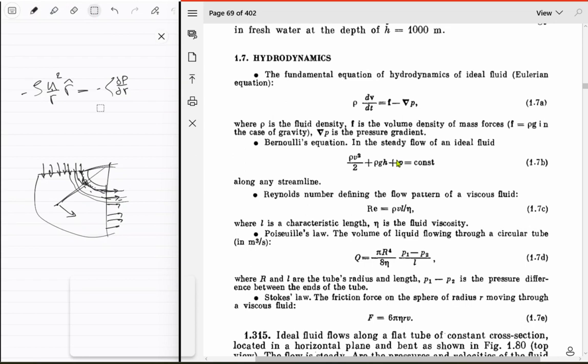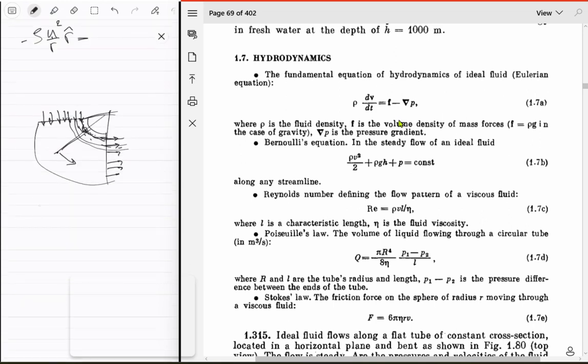Also the gradient operator, we can write that in the cylindrical form. So this thing will just turn out to be partial p upon partial r along the r hat direction plus partial p upon r partial theta along the t hat direction plus partial p upon partial z along the z hat direction.